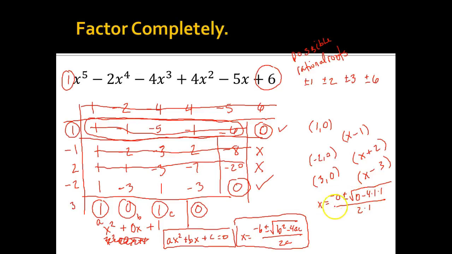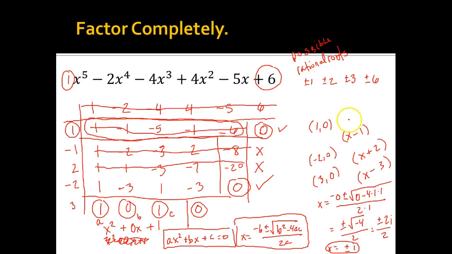And of course negative 0 is just 0, so it's 0 plus or minus the square root of negative 4, and then over 2 times 1 is 2. The square root of negative 4 is, we do imaginary numbers here, plus or minus 2i over 2, divide that by 2, 2 divided by 2 is 1. So my answer then is x equals positive or negative i, that's an imaginary number.